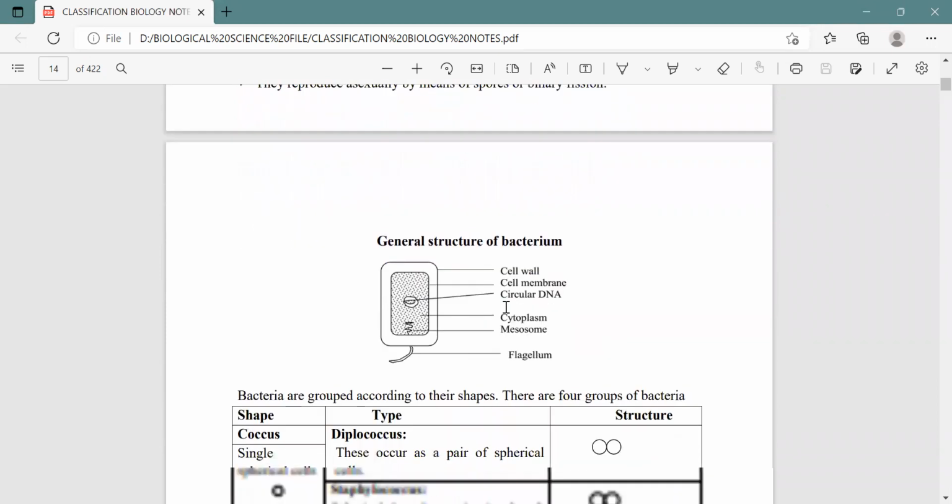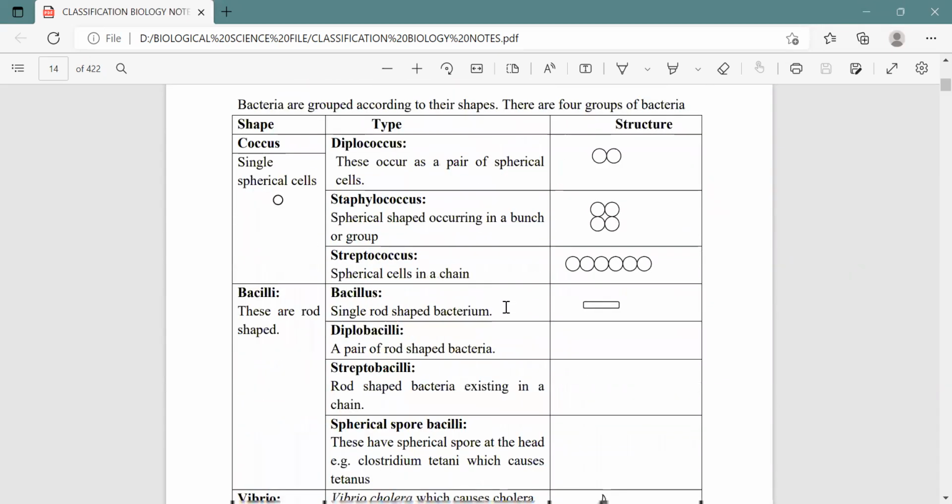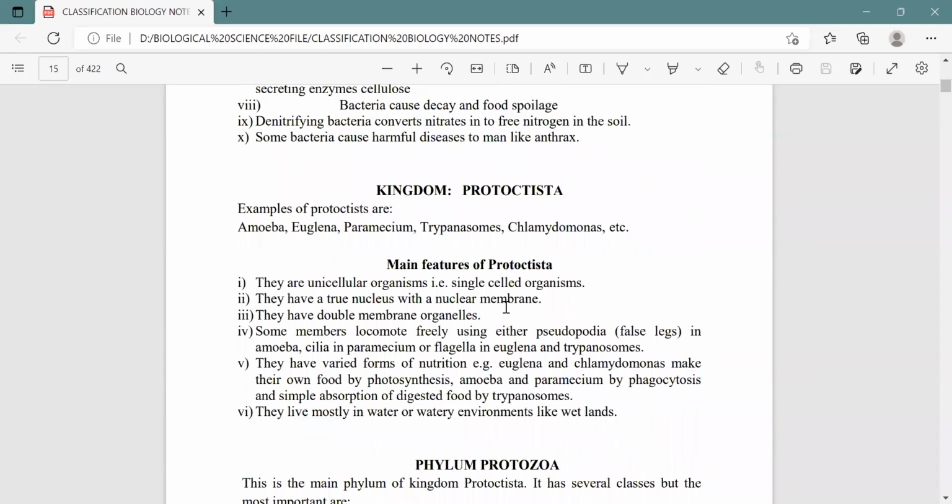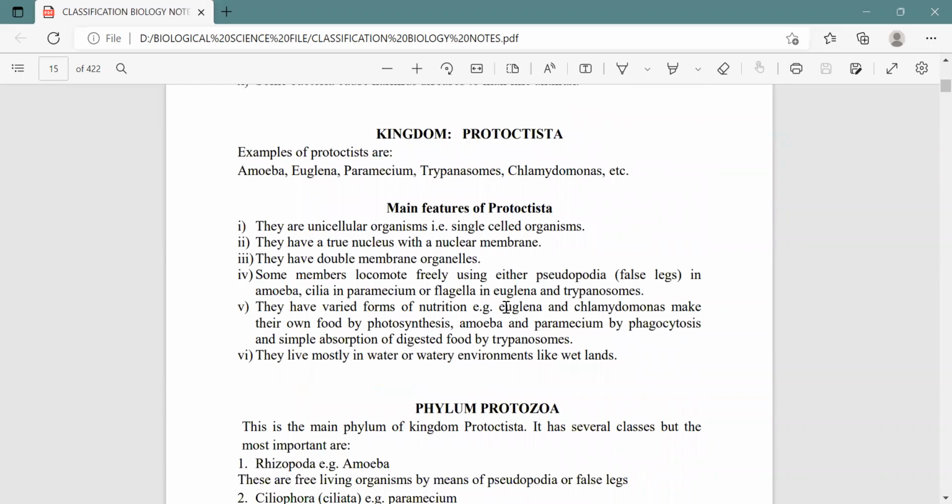Now, in this second lesson, what I want us to tackle is the second kingdom, Protoctista. And examples are those ones of Protoctists. The first 3, Amoeba, Euglena, Paramecium, are what we've been talking about as protozoans, where we call them single-celled organisms.